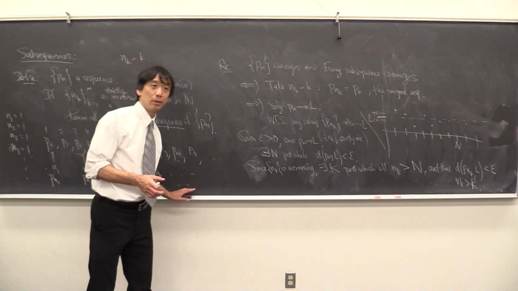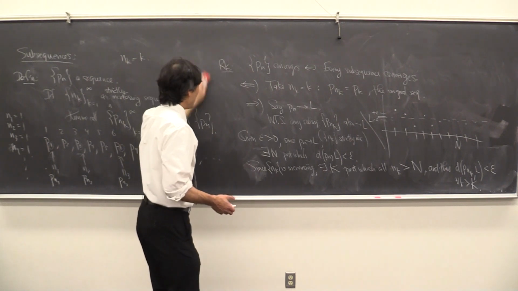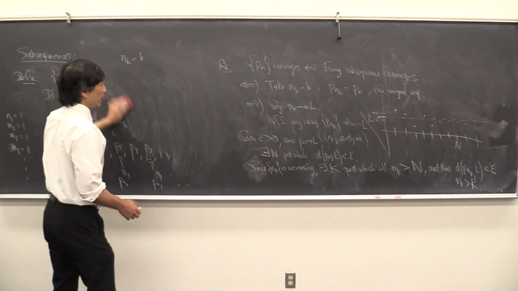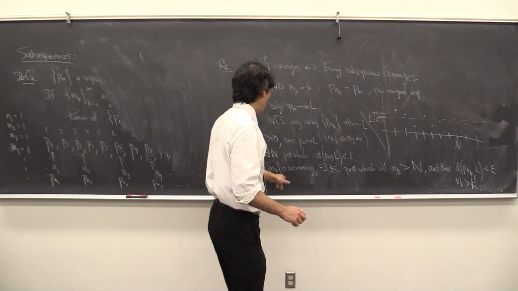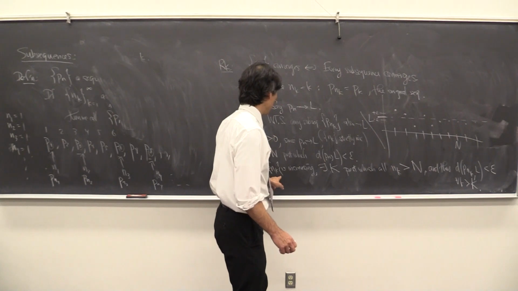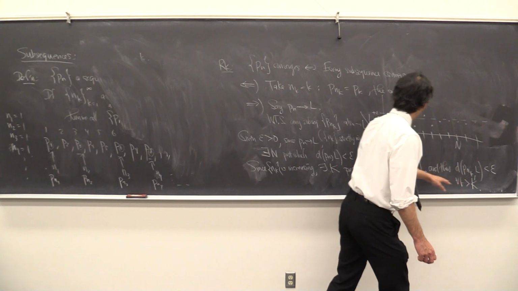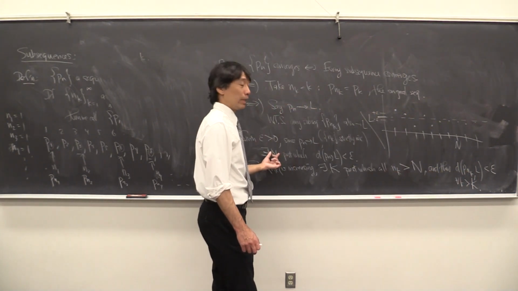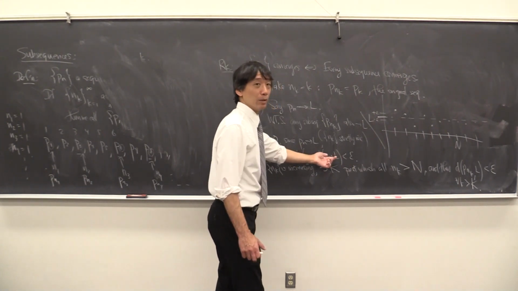Okay, does that make sense? I think, in some sense, the idea is simple. It's just a matter of knowing how to write it down. Say, okay, what do we want to show? We want to show that there's a time, there's an index, past which everybody is within epsilon of L. We know that there's an index for the original sequence past which everybody is smaller than epsilon.